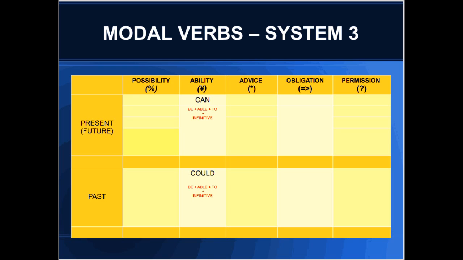So we've added in there the modal for ability in the present, the modal for ability in the past. We've also added in there a normal structure using be able to and infinitive that can be used in the present and the past. It's also important to understand what's happening in the student's head at this point. And so we can make a comparison between System 1 and System 3 grammar.